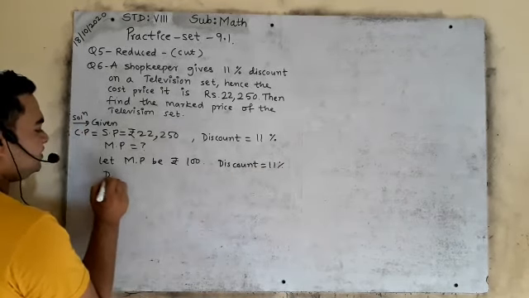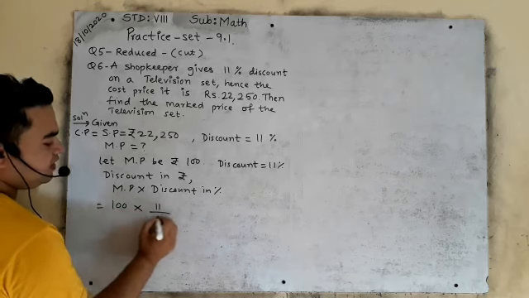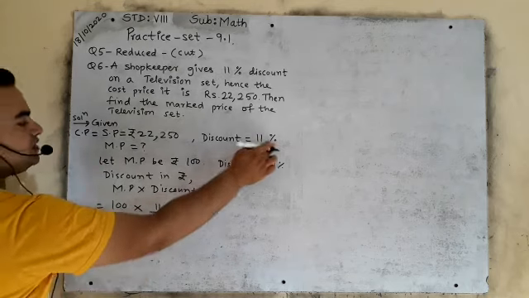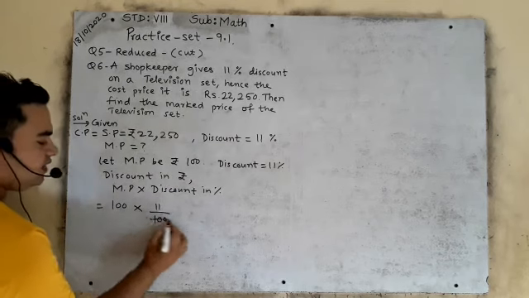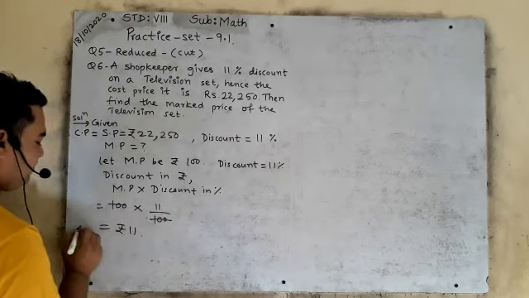in rupees. So mark price multiplied by discount in percentage. So mark price is how much now? 100, and discount percentage how much? 11 percentage. 11% means 11 upon 100. 100 ones are 100. So it is how much rupees? 11.